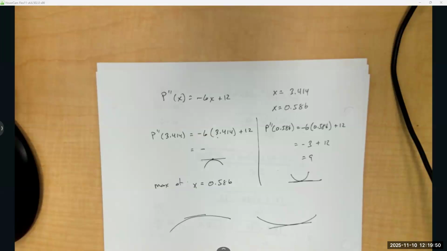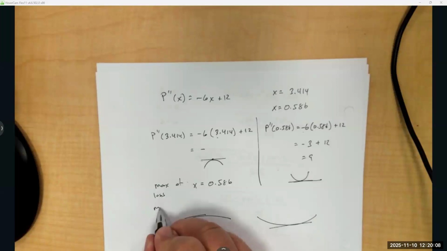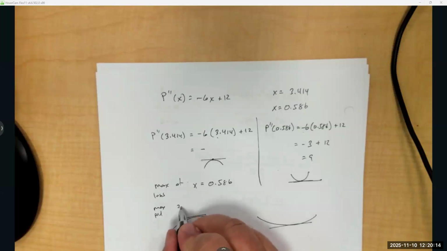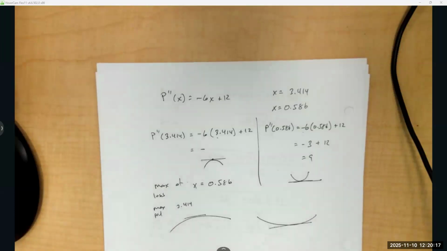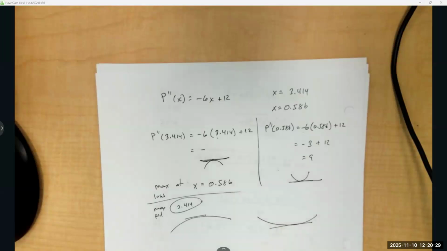What's the next one? Maximum loss at that, max profit at that. That's how you read these tables. So the maximum profit occurred at 3.414, the maximum loss occurred at 0.586.